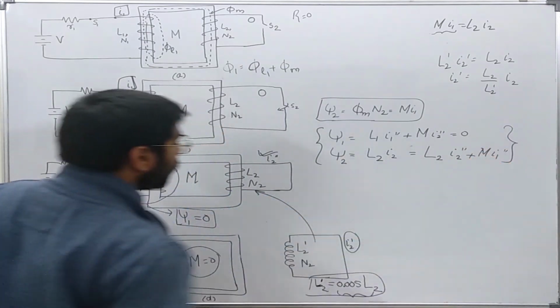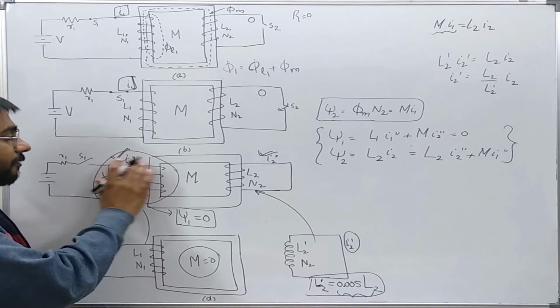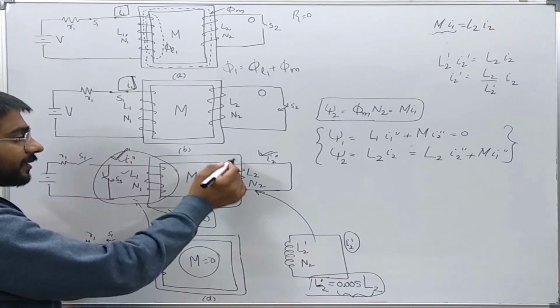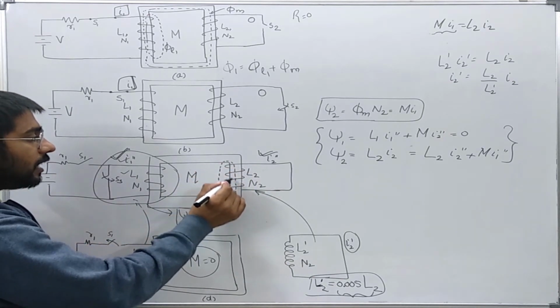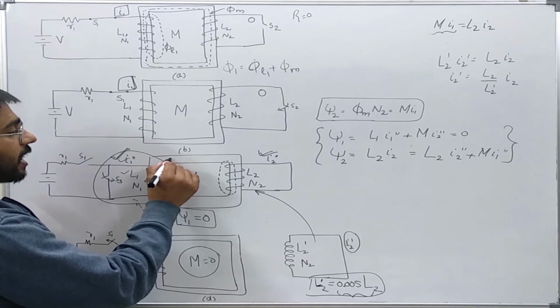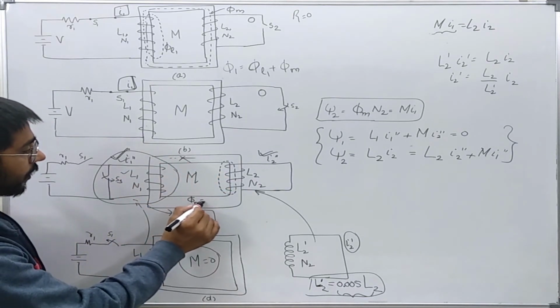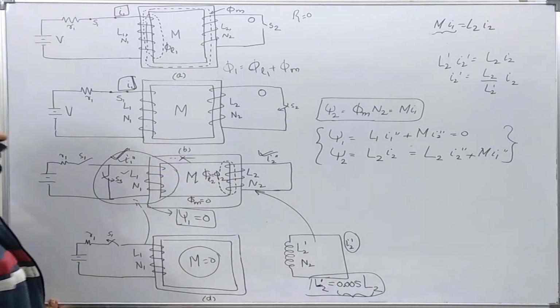Now you will find that since there cannot be any flux linkages with this coil, all the flux created by this coil will become leakage flux. There cannot be any mutual flux, there cannot be any phi m. So phi L2 will be equal to phi 2.